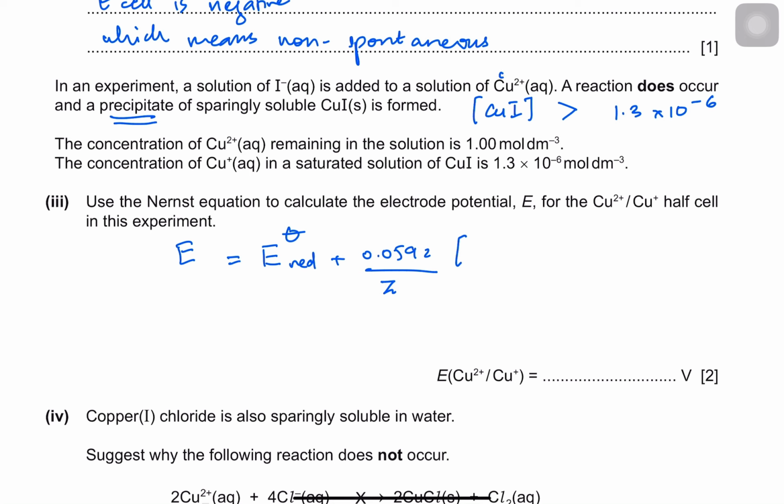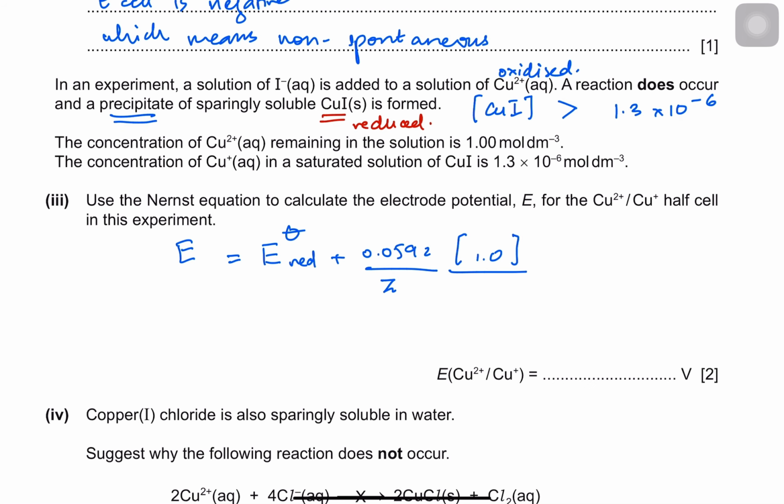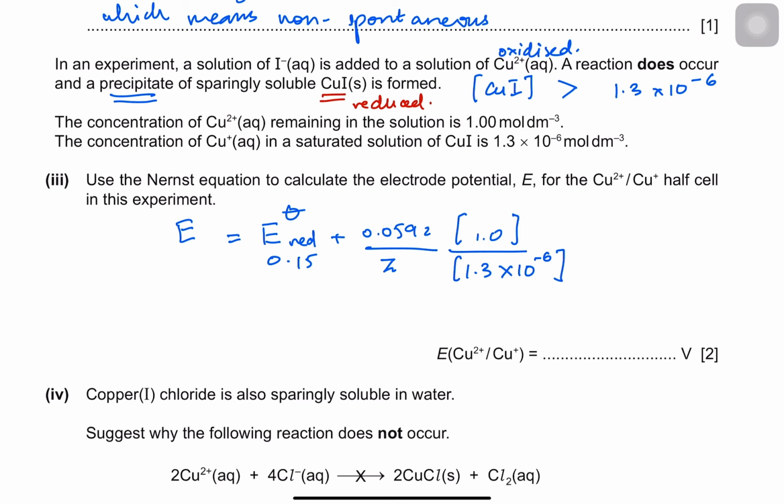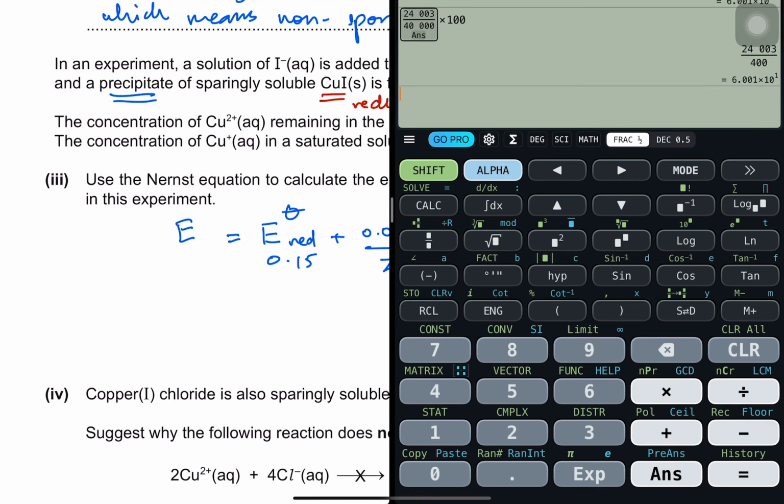Oxidized species is copper 2 plus, which is 1.0, and reduced species is copper 1, so 1.3 × 10^-6. So let's find it out. The value for copper is 0.15, by the way. We'll go back to our calculator. 0.15 plus 0.0592. There was a log here also.